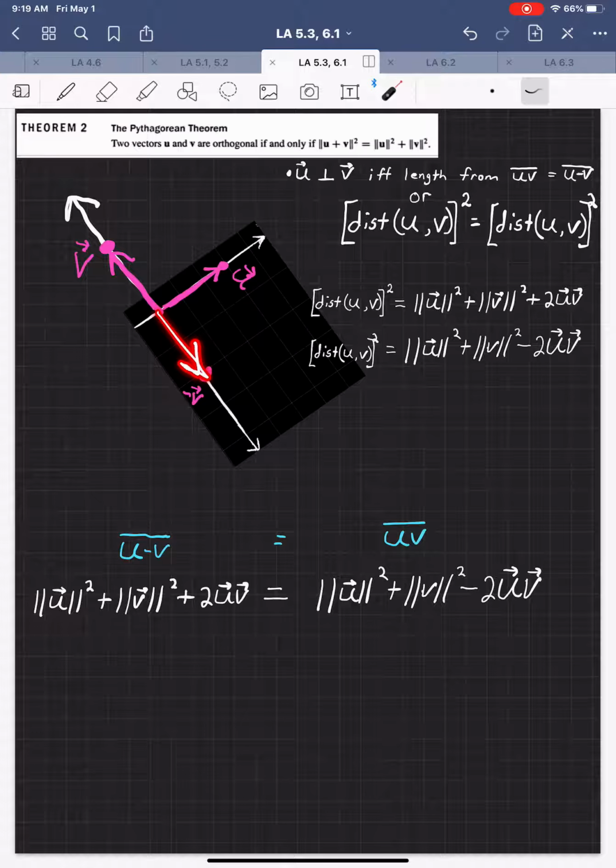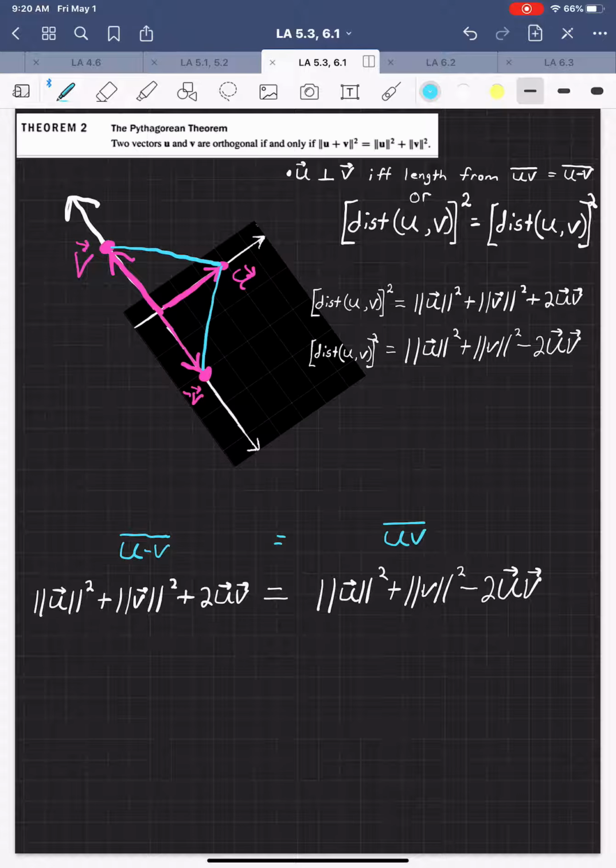Make sense? Now, what I'm trying to say here is that u is orthogonal to v if and only if the length from u to v, well, what is the length from u to v? Let's start there. The length from u to v, that is this right here, is equal to the length from u to negative v.